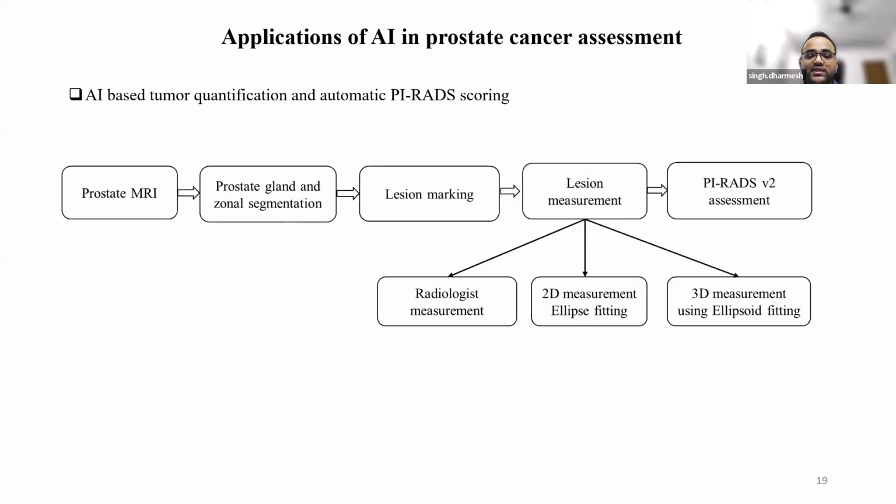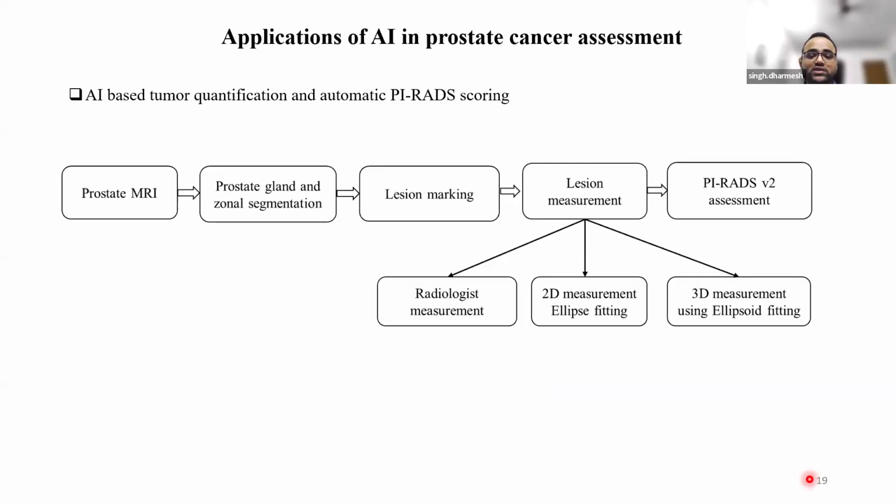Lesion measurement is traditionally done by radiologists as a 2D manual measurement using any tool like ImageJ or a DICOM viewer or any other tool provided by the vendor or company. And AI can perform 2D ellipse fitting or 3D ellipsoid fitting to measure the tumor size and volume more accurately. 3D measurements are particularly important for lesion characterization and treatment planning.